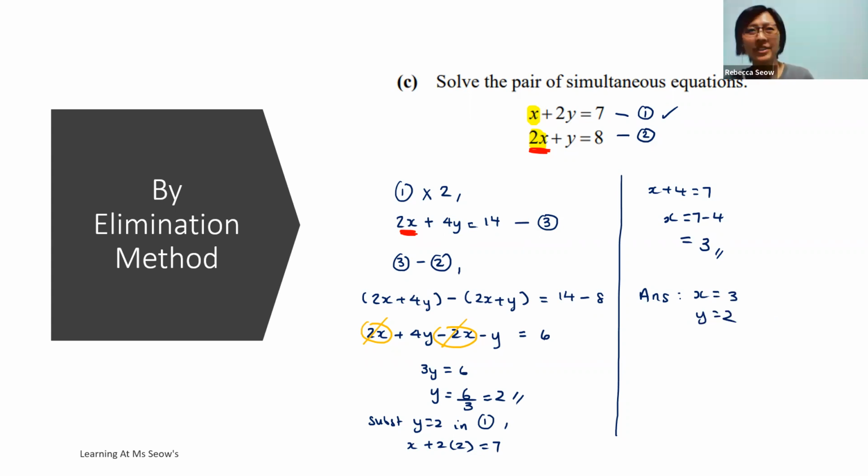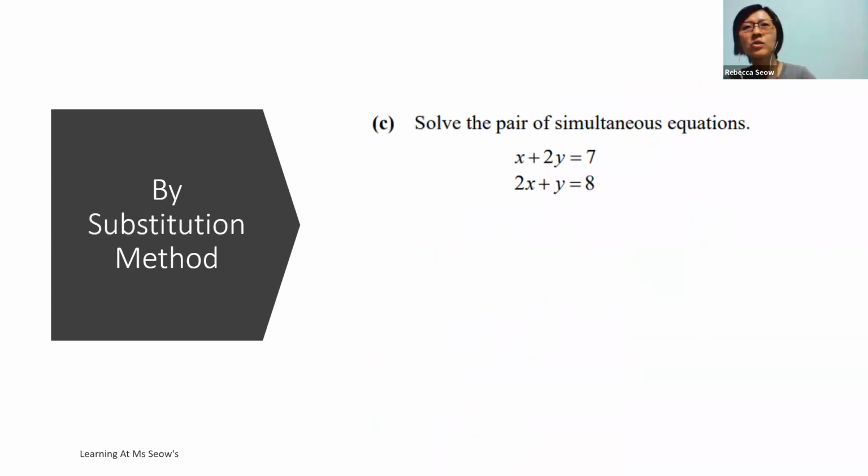That's elimination. Now, we'll move on to the second method, which is substitution. By substitution, as usual, because of the nature of this question, we assign equation 1 and equation 2 to each of them. Substitution means that we have to make either x the subject or y the subject.